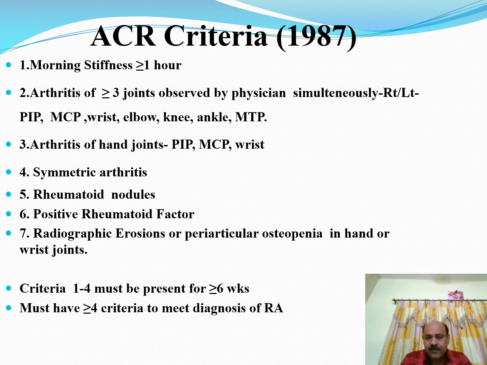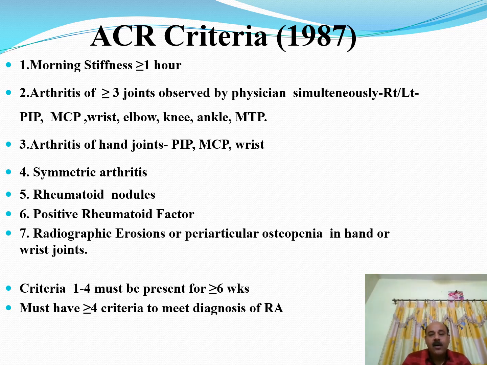Let us revise it. Criteria number 1 is morning stiffness. We all understand that morning stiffness is one of the very important cardinal features of RA, and it is invariably present in almost all the patients of rheumatoid arthritis. Second is arthritis of 3 joints, then arthritis of hand joints, and symmetrical arthritis.